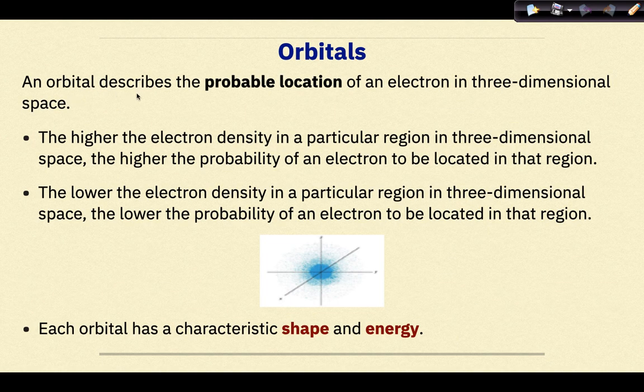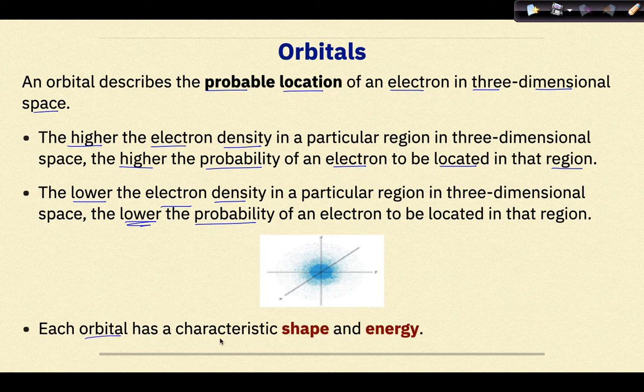An orbital describes the probable location of an electron in 3-dimensional space. The higher the electron density in a particular region in 3-dimensional space, the higher the probability of an electron to be located in that region. The lower the electron density, the lower the probability of an electron to be located in that region.